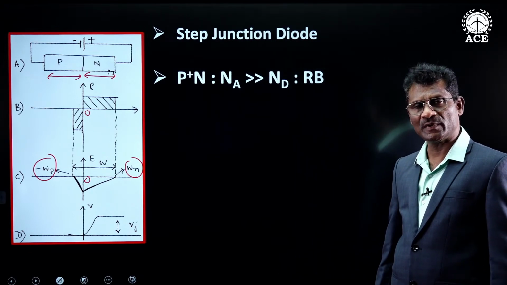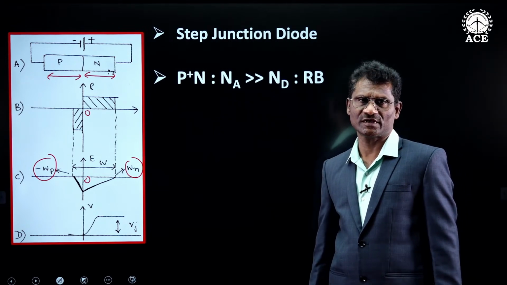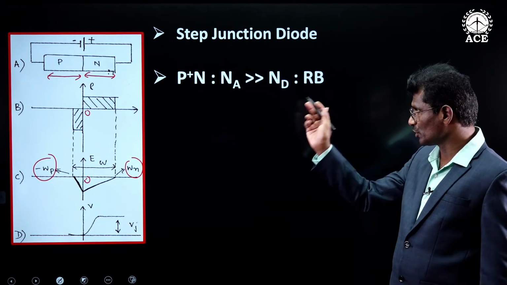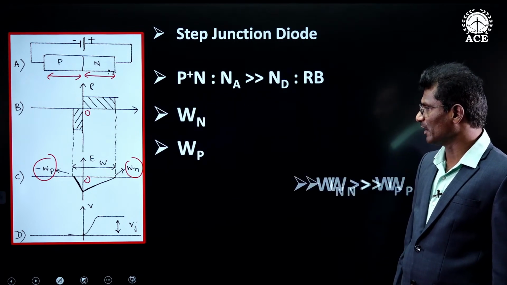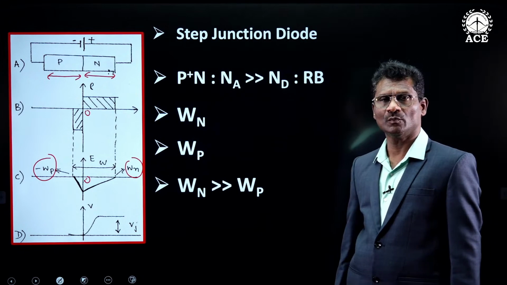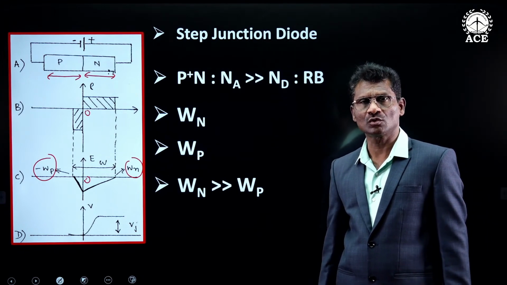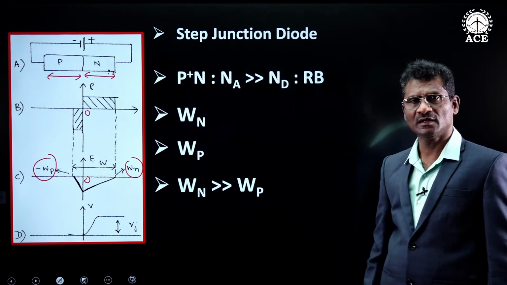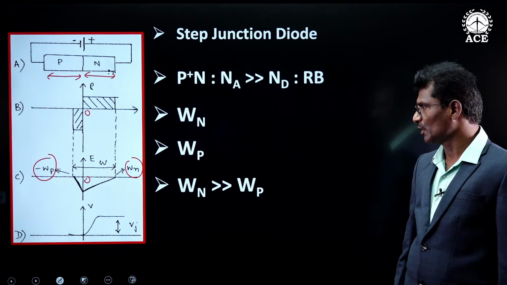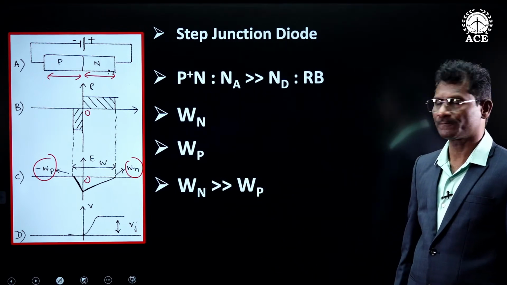We know that depletion region will exist both in N and P sides. But due to difference in doping, Wn will be very much greater than Wp, because depletion region penetrates more into lightly doped side. Out of P plus and N, N is lightly doped, and hence Wn is very much greater than Wp.